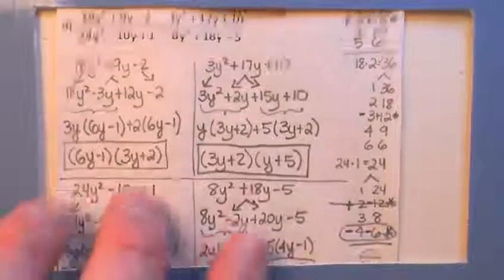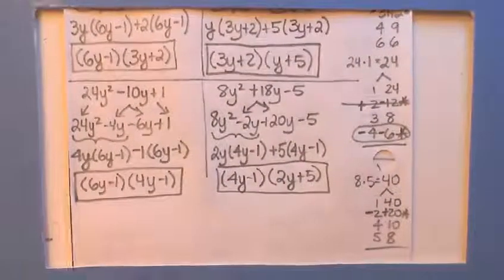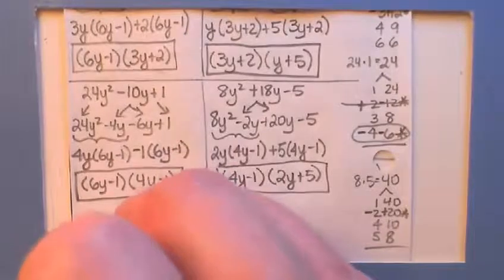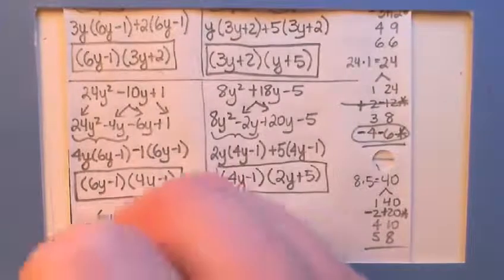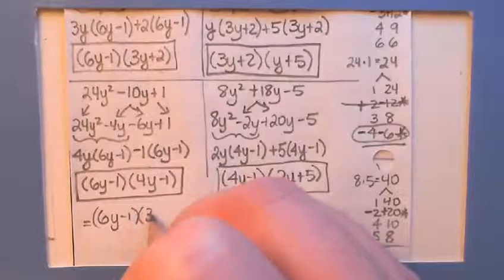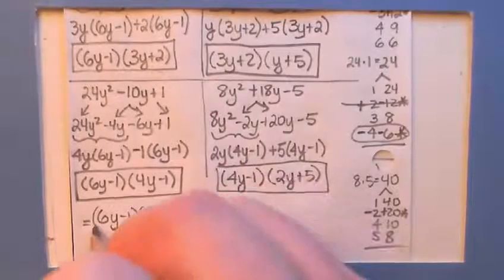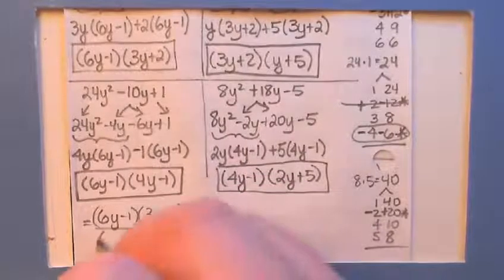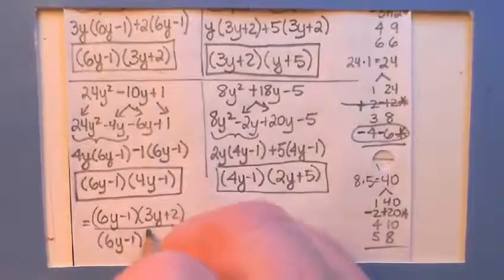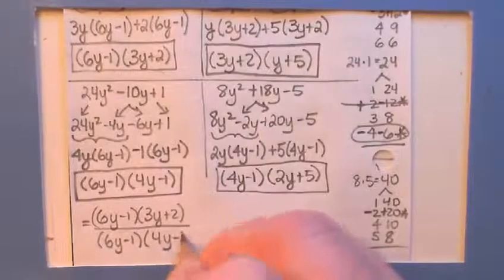Alright. So basically, as you can see, we took this here and we factored the ones on top and the ones on the bottom. Now we're ready to rewrite this. So we're going to do 6y minus 1, 3y plus 2 over 6y minus 1, 4y minus 1.